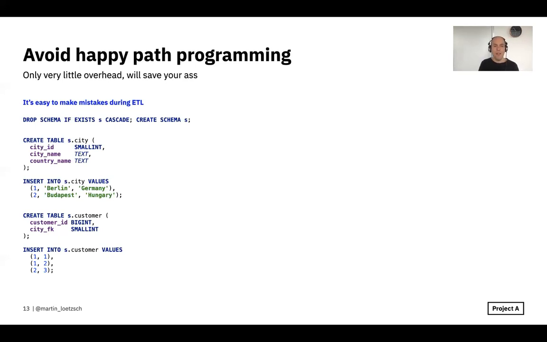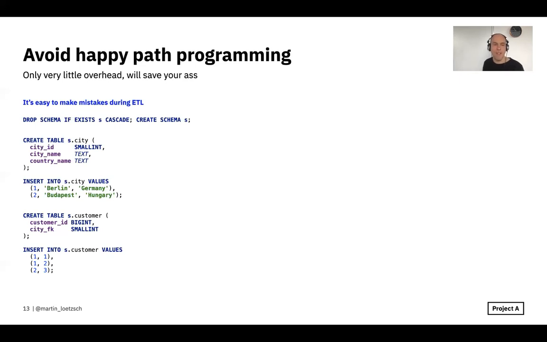So it might actually happen that you do a transformation where, in this last insert statement, you introduce customer one twice, so customer one lives in Berlin and in Budapest. And you create a customer two with a city that doesn't exist in the city table. This is totally normal. It happens when you process data that things do not go well.